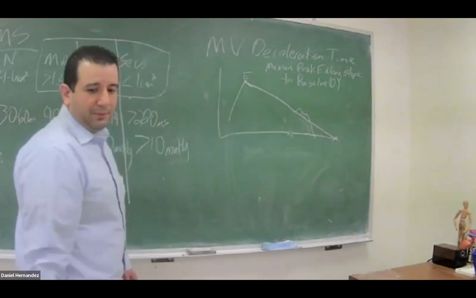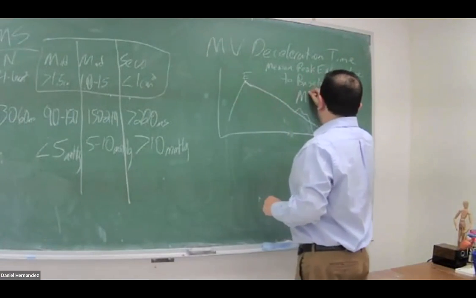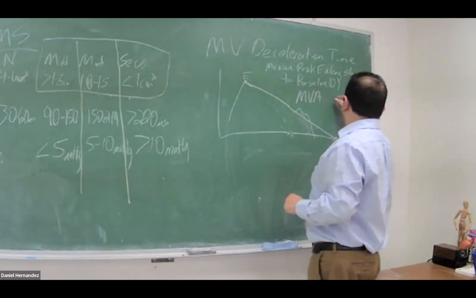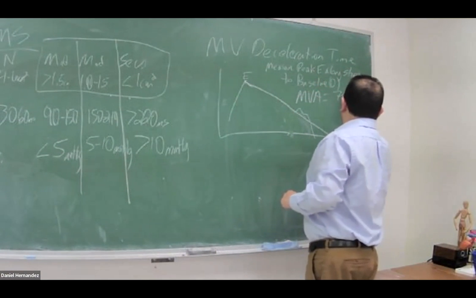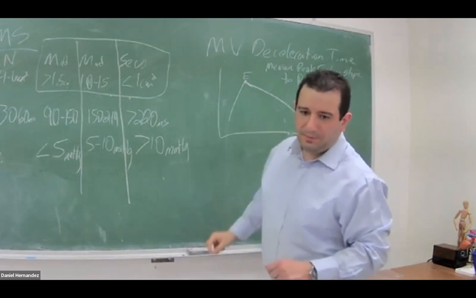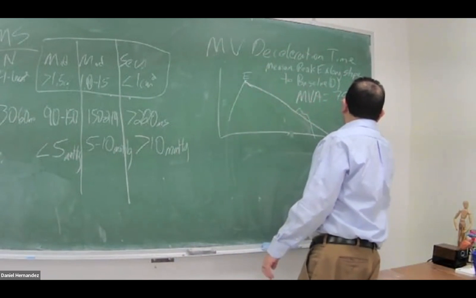And the formula to calculate your mitral valve area with deceleration time is MVA equals 759 divided by deceleration time.